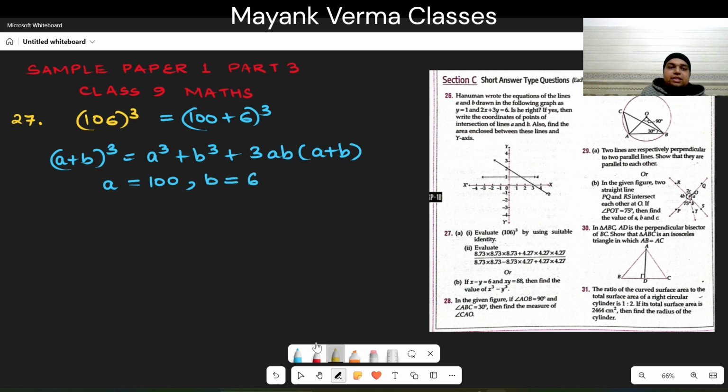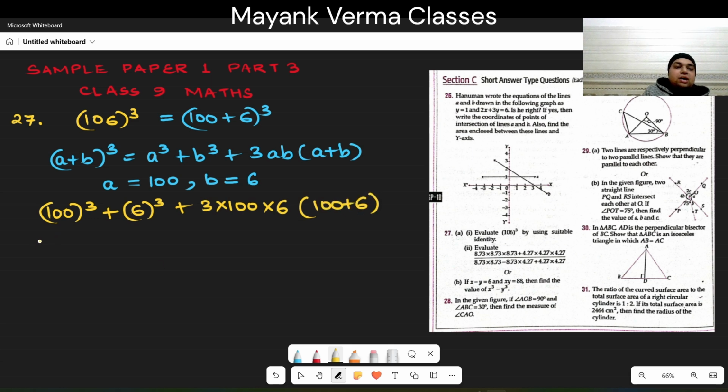So let's solve this. 100 cube plus 6 cube plus 3 times 100 times 6 times (100 plus 6). 100 cube is 1 followed by 6 zeros, plus 6 cube is 216, plus 3 times 6 is 18, so 1800 times 106.